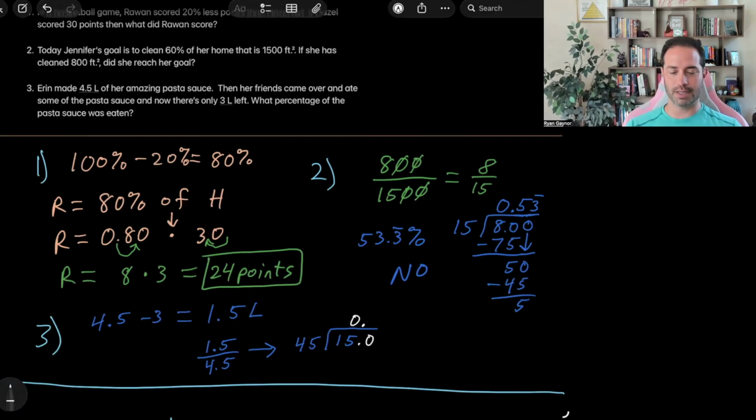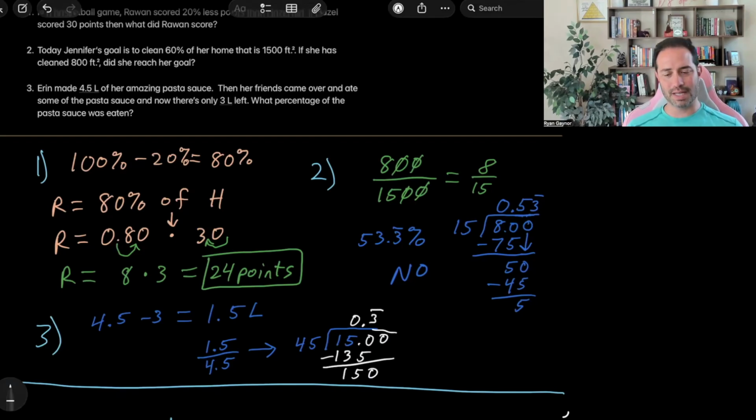Well, that would be 3 times. 135. Subtract, we get 15. We're going to bring down another 0. Well, look at that. It says 45 into 150 again. So I know that this is going to repeat now.